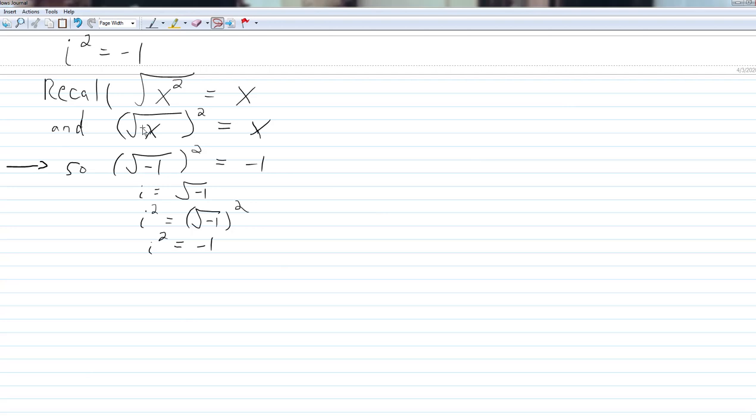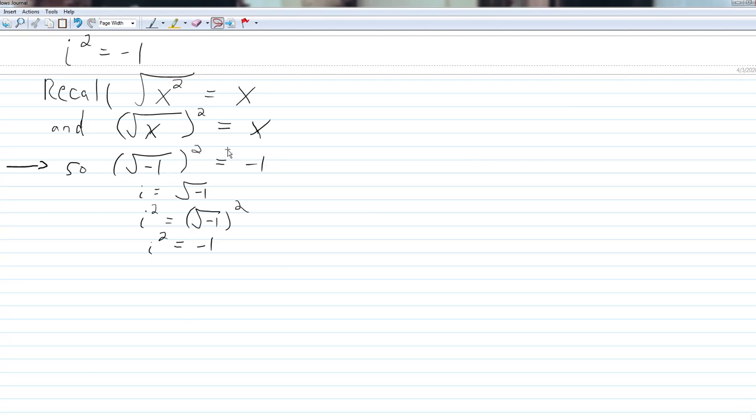And also, if the square root of x was raised to the second power, so the whole thing was squared, that would also be equal to x. So if you have the square root of -1 raised to the second power, then that would be equal to -1.